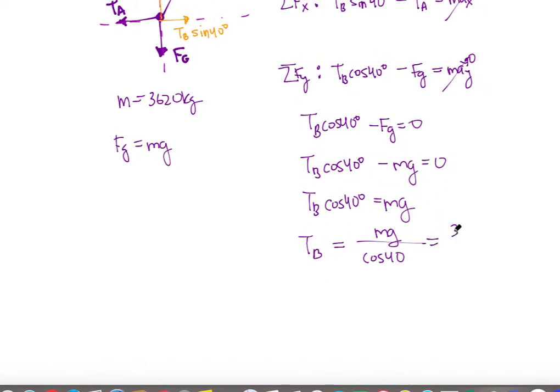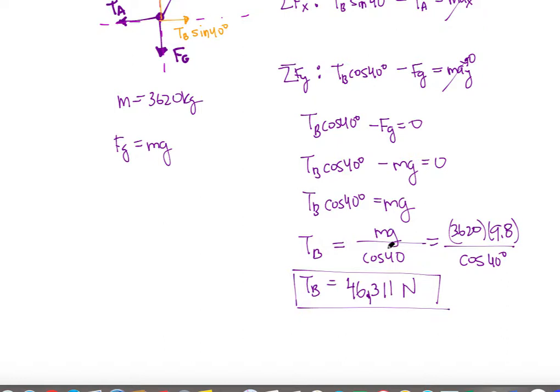I have 3620 kilograms times 9.8, and I need to use it anyway for cosine 40, so I'll use 9.8. Cosine of 40 degrees. I plug all this into my calculator and I get a tension of 46,311, and that's going to be in newtons.